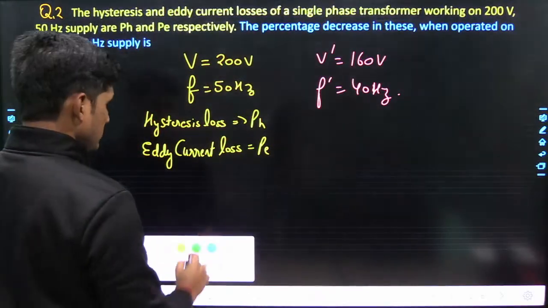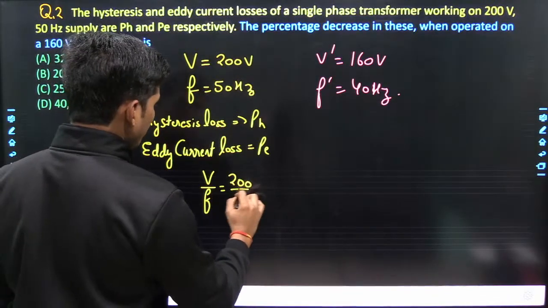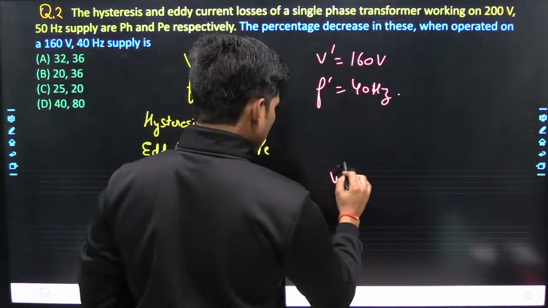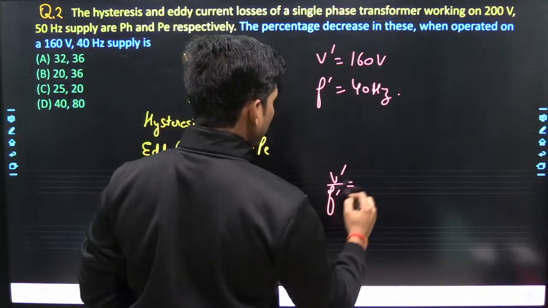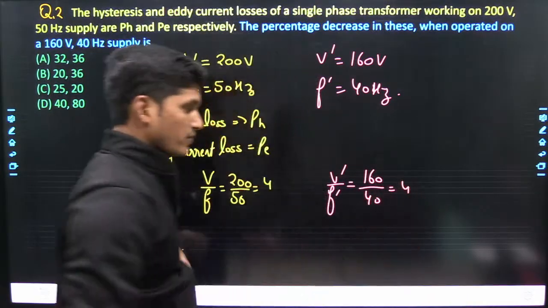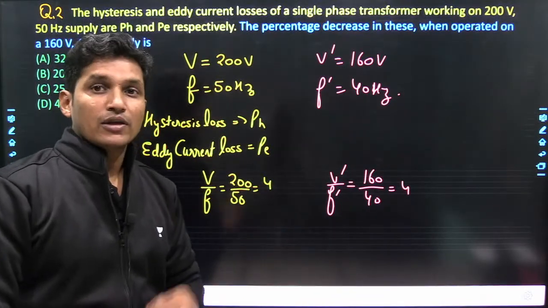Here V by F is 200 by 50, that is 4. And V dash upon F dash equal to 160 upon 40, that is also 4. So the ratio V by F is constant here.